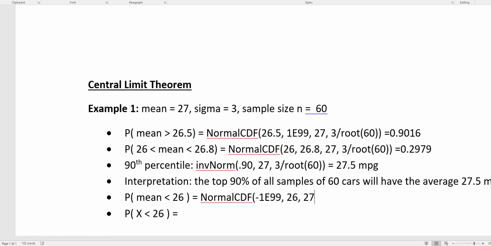The mean is 27, and the standard error is the same. Think about it this way: would it be unusual if I collected a sample of 60 cars and computed the mean of that sample, and that value is less than 26? That's what it's asking. So let's go ahead and see.